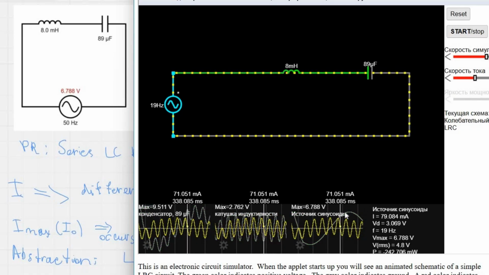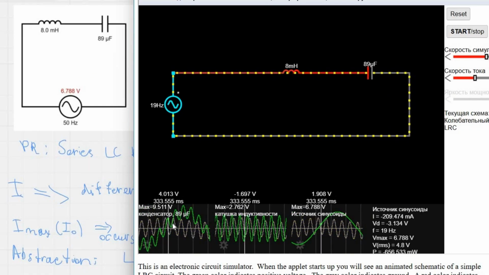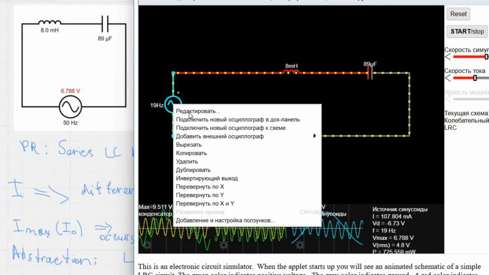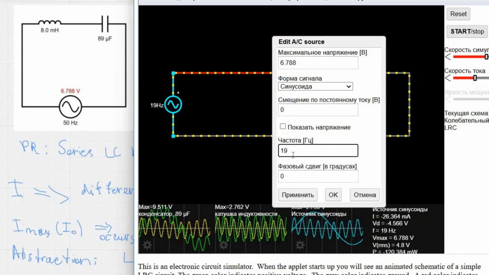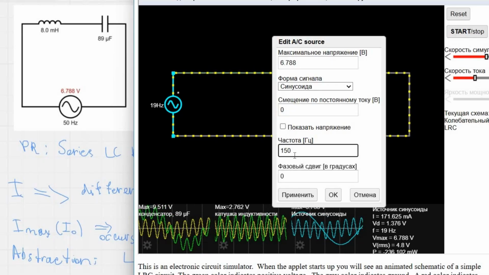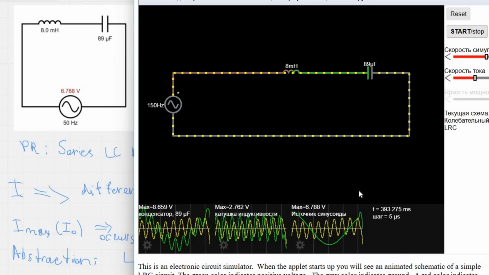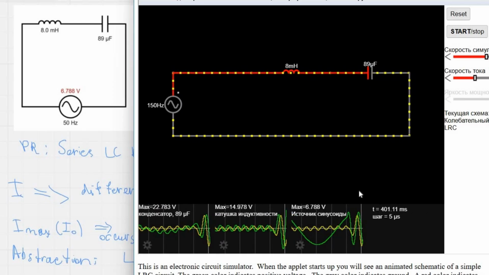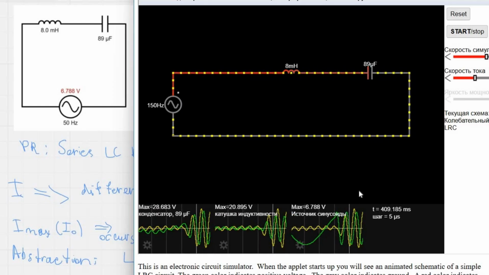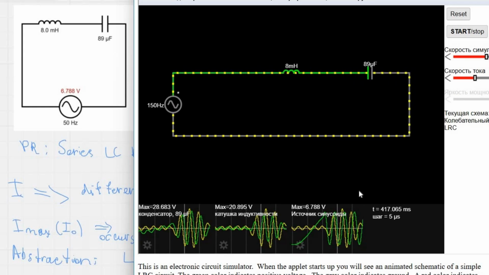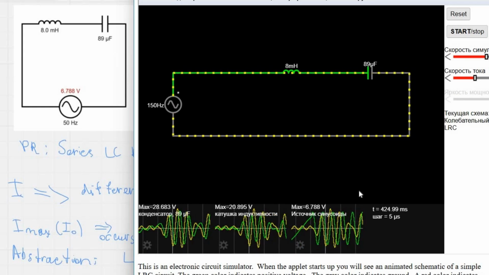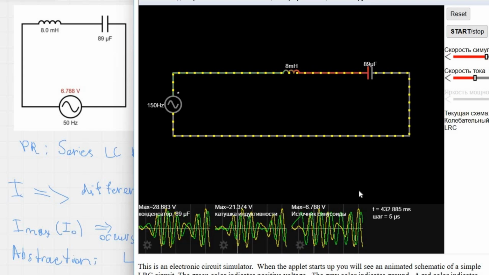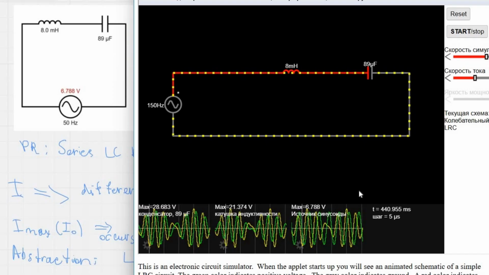As you see, the graph has changed. Now maybe we'll put a higher frequency, maybe 150. Why not? Oh, you see how the graphs are changing? So it's what I'm talking about. If we change the frequency of the source, the behavior of the circuit changes, as you see.